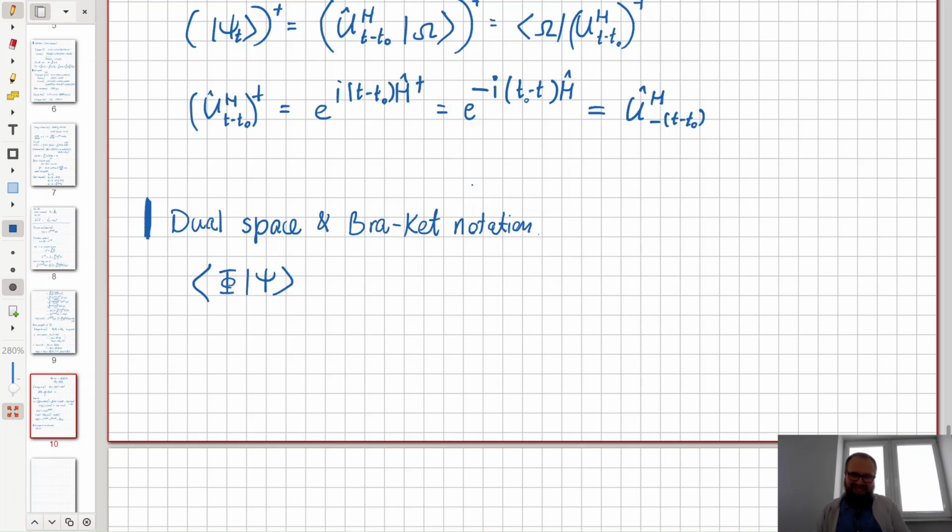So they came up with this idea. Okay, this is the bra-ket. This is the bra, and this is the ket. It is to remind us that we are working in a Hilbert space.